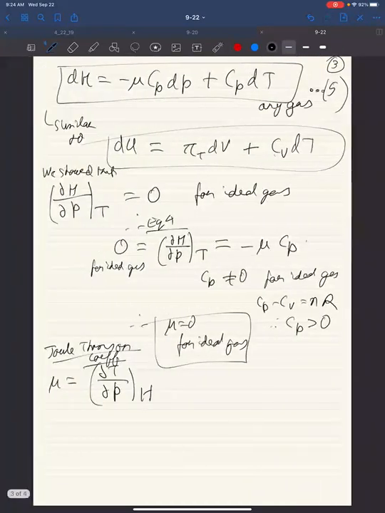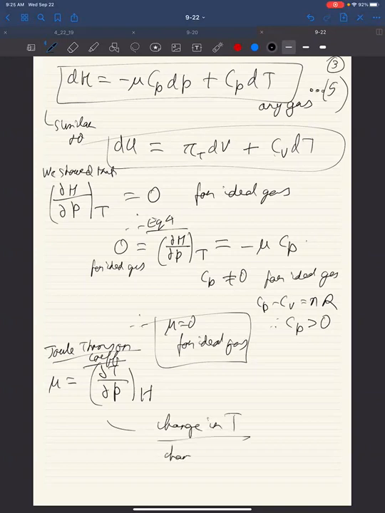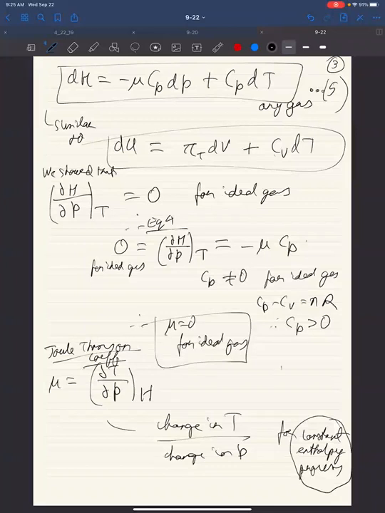This derivative, partial T by partial P at constant H, is the change in temperature by change in pressure for a constant enthalpy process. A constant enthalpy process is also known as an isenthalpic process.